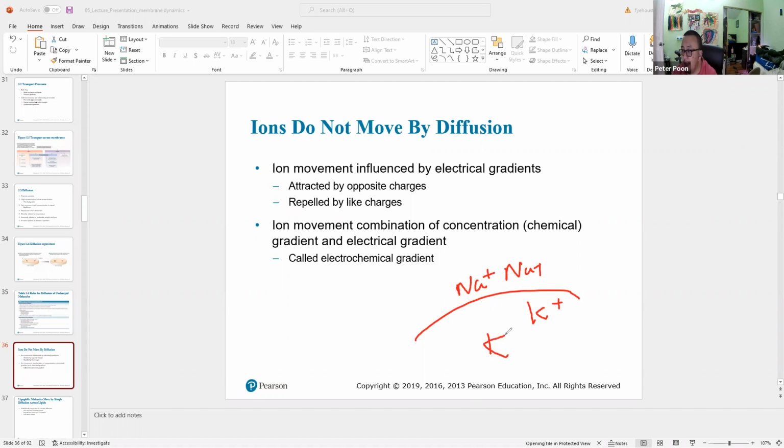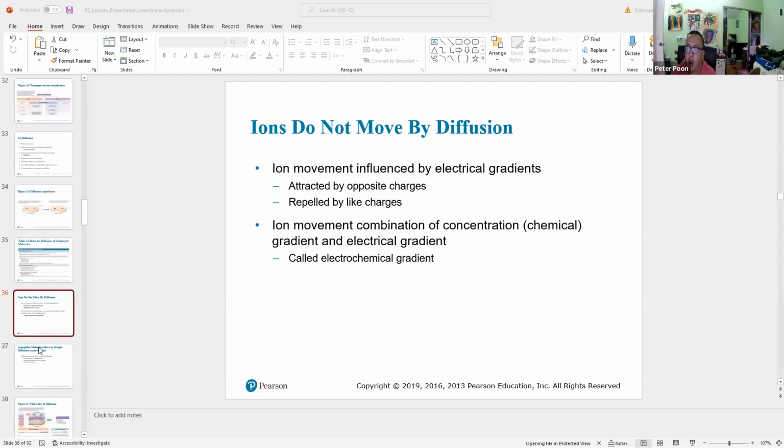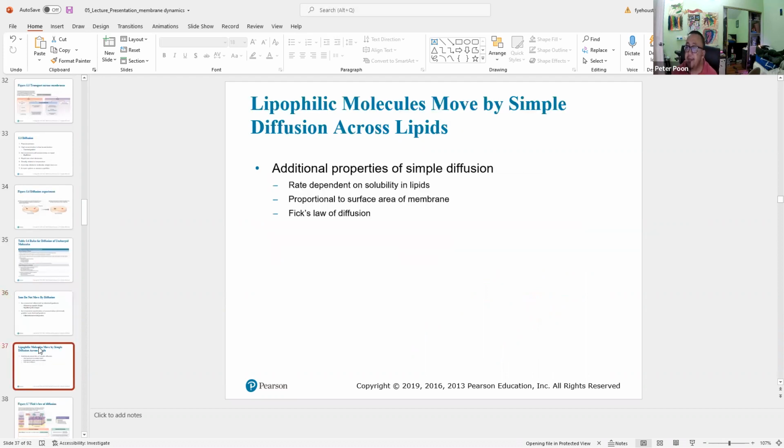But if you have negative charges here, the positive charges are more attracted to the negative charges than they want to come across the membrane. So there's a combination of effects that is not purely diffusion, which is what they're trying to say here. That gradient is called the electrochemical gradient.